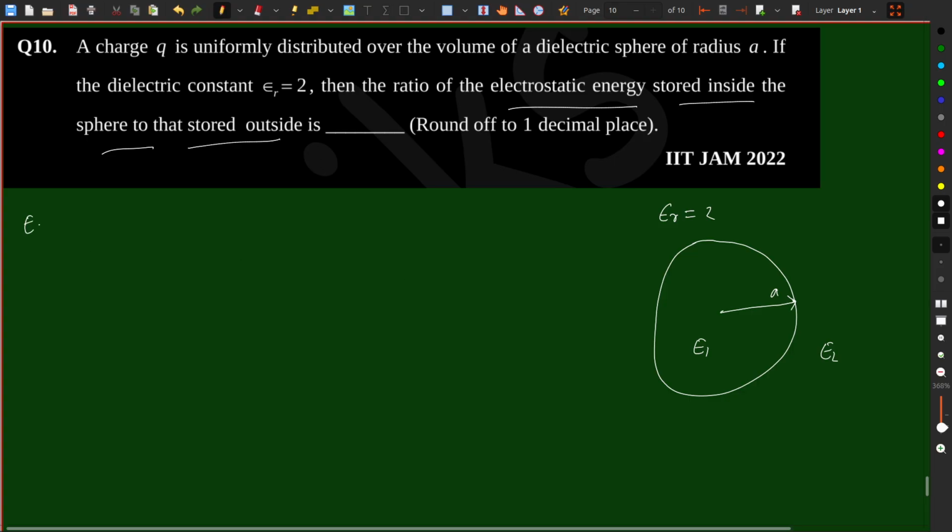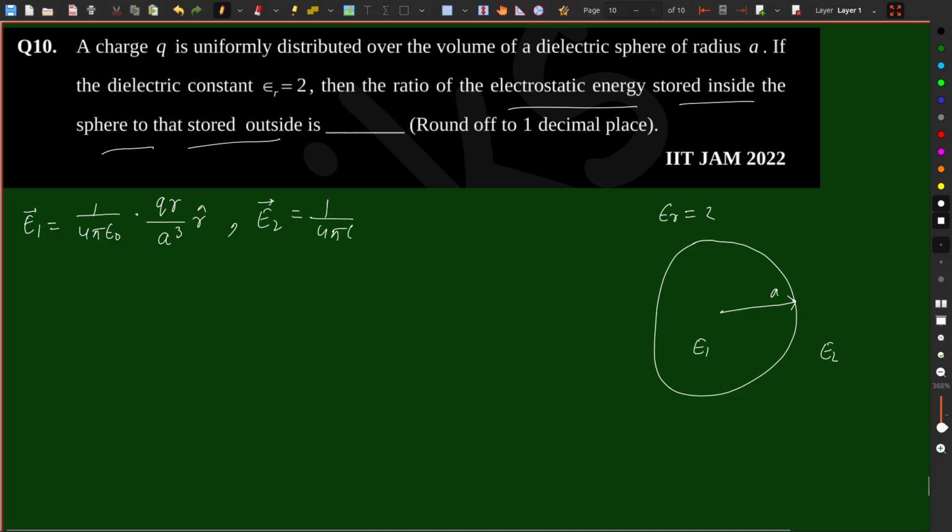So E1 is given by 1 over 4 pi epsilon naught, that will be Qr over a cube r cap, and E2 is given by 1 over 4 pi epsilon naught Q over r square r cap.